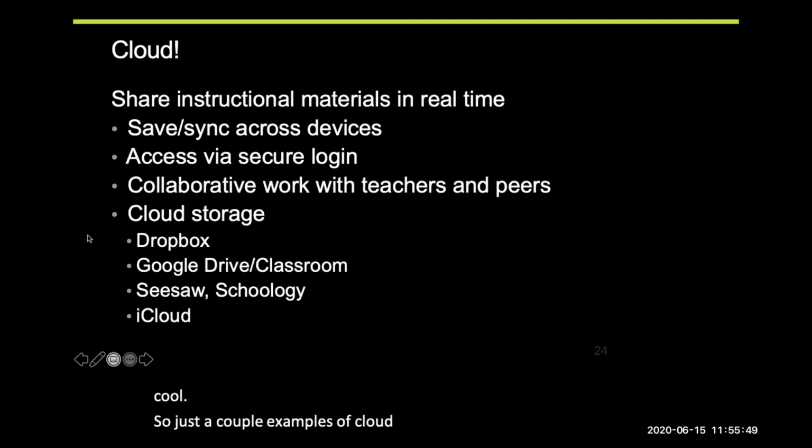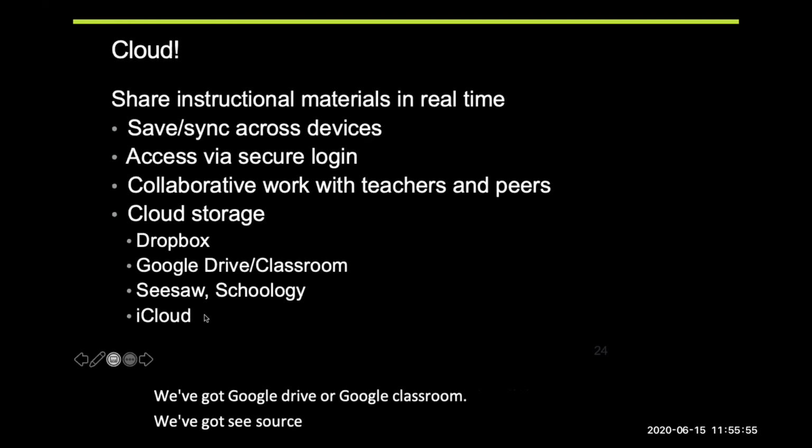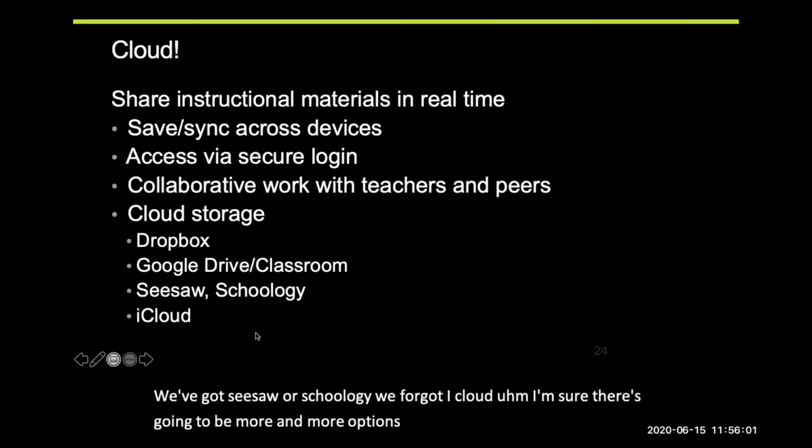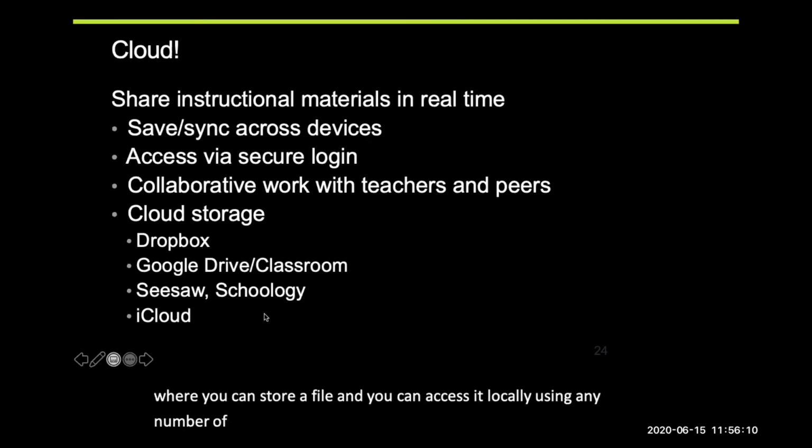So just a couple examples of cloud storage options. We've got Dropbox, we've got Google Drive or Google Classroom, we've got Seesaw or Schoology, we've got iCloud. I'm sure there's going to be more and more options, but basically the cloud is anywhere where you can store a file and you can access it locally using any number of devices, and it'll save back to the cloud.